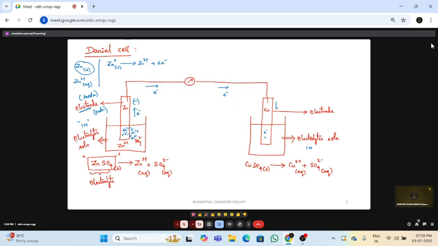Now these electrons are getting accumulated here. Now what will happen to the Cu2+ ion? Where will these Cu2+ ions be, in the solution or on the rod? Inside the solution, right?